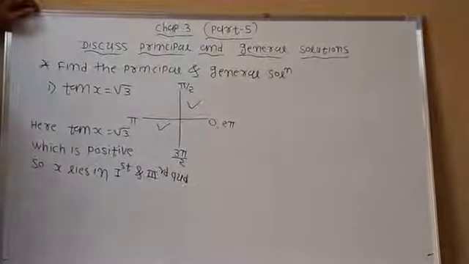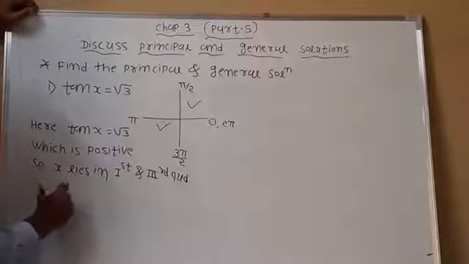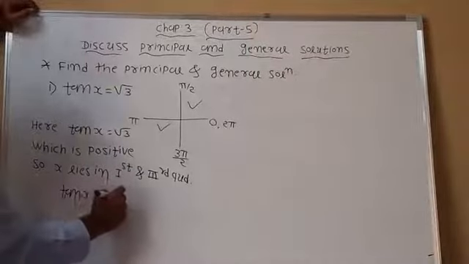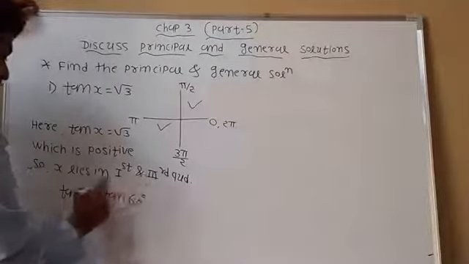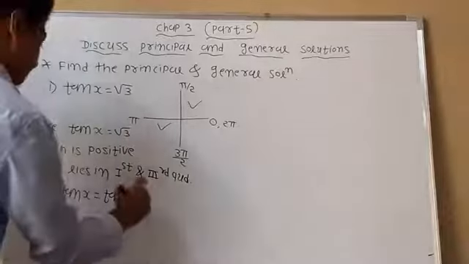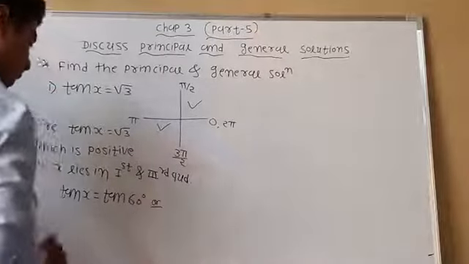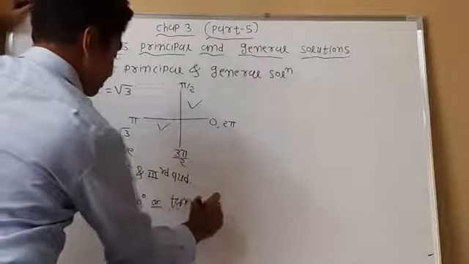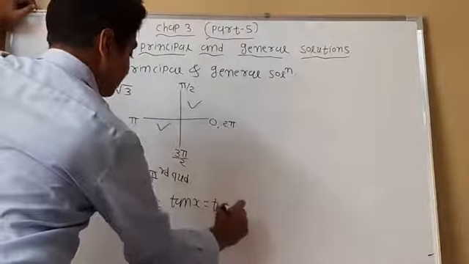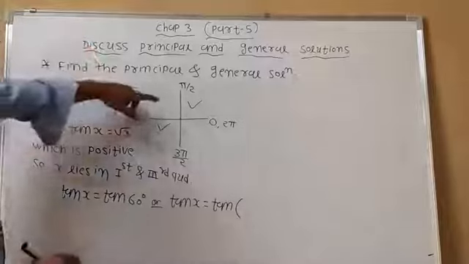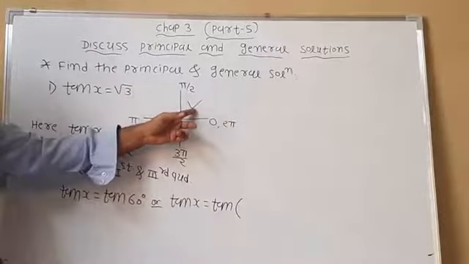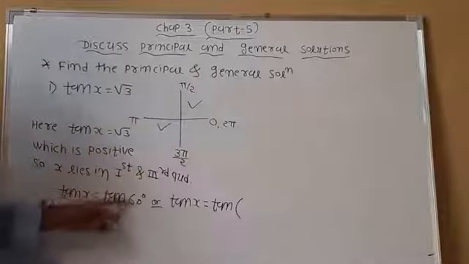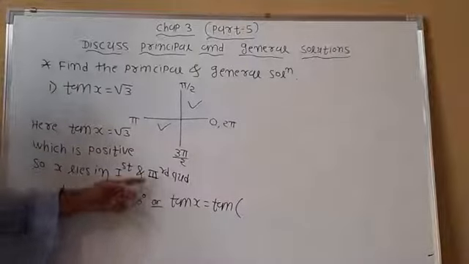Now we write tan x is equal to tan 60 degree, or another value tan x is equal to tan in bracket. The first value we get directly: in place of under root 3 we write tan 60 degree.